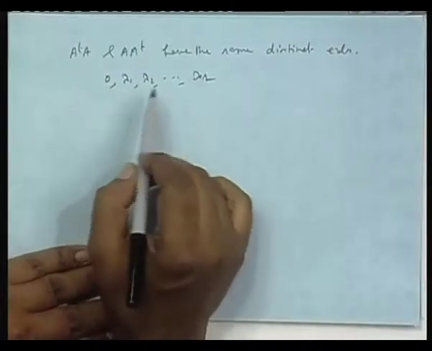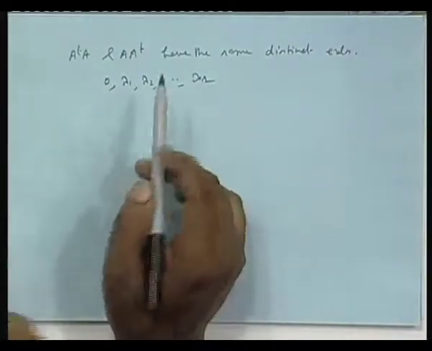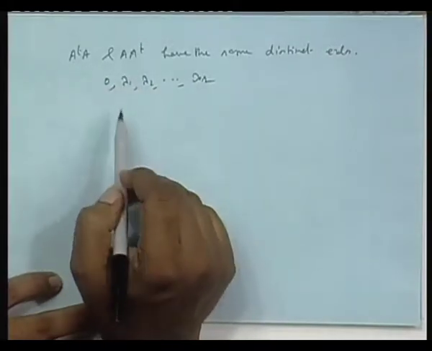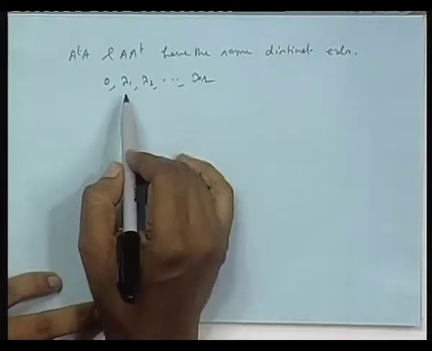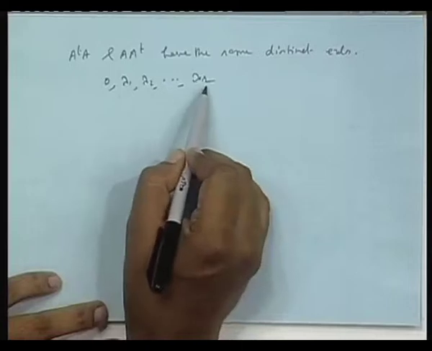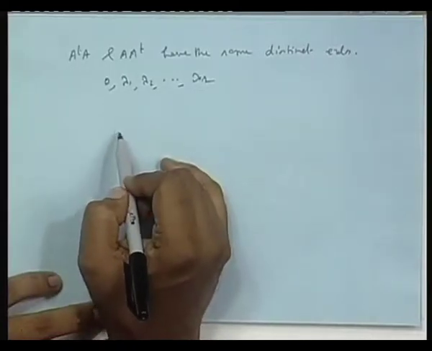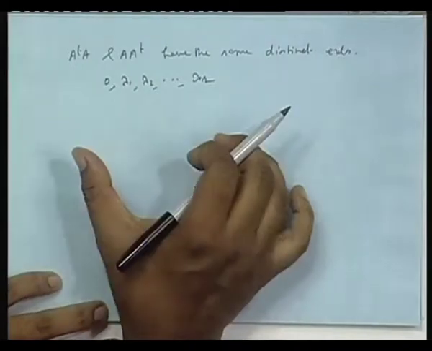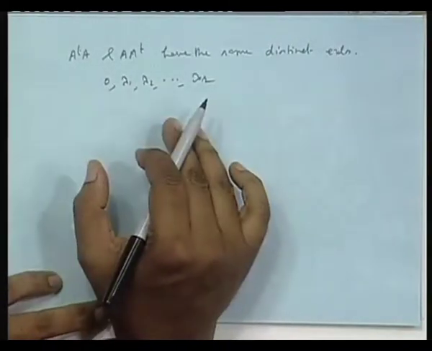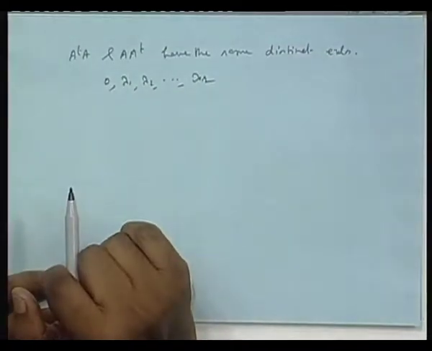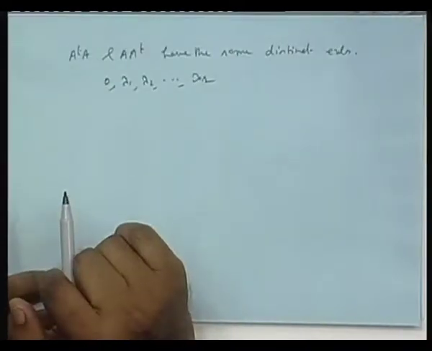Actually, we had made a statement earlier, which we will not prove, that A transpose A and A transpose are diagonalizable. If you consider the distinct eigenvalues and the corresponding eigen subspaces, find the orthogonal basis of all the distinct eigen subspaces and append them, you get a basis of the original space.